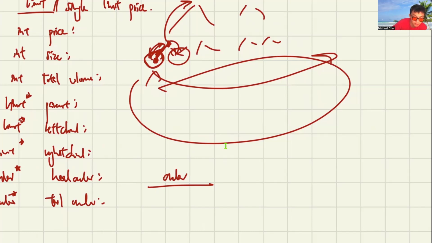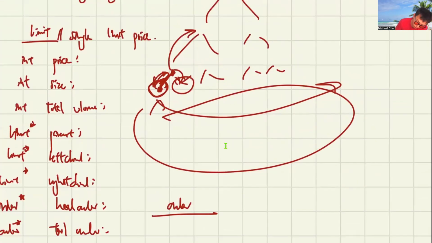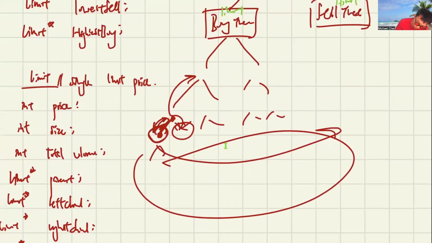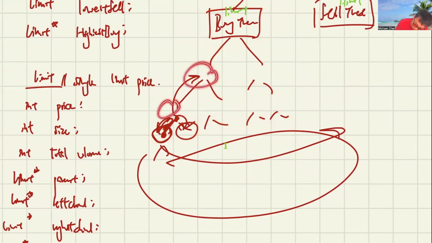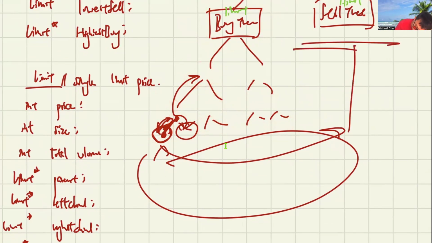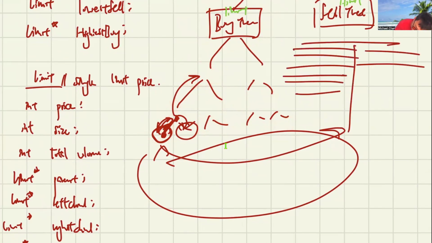The idea is to have a binary tree of limit objects, which means this binary tree of limit objects. These are all limit objects. Every single node is a limit object, right? And these are all limit prices. So it's like one level of the book, right?